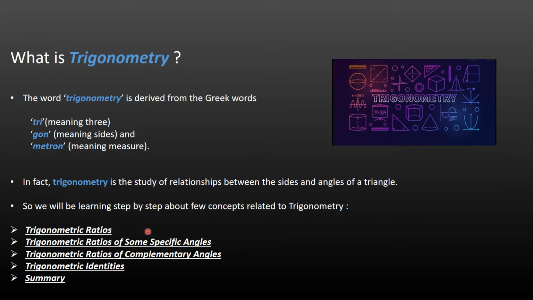So don't worry if you are not familiar with these terminologies. As we progress, you'll get to know each and every detail of the particular concept which we deal with, including the basics or the definitions that are required as and when.